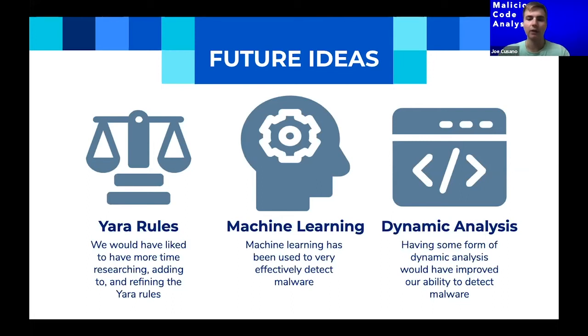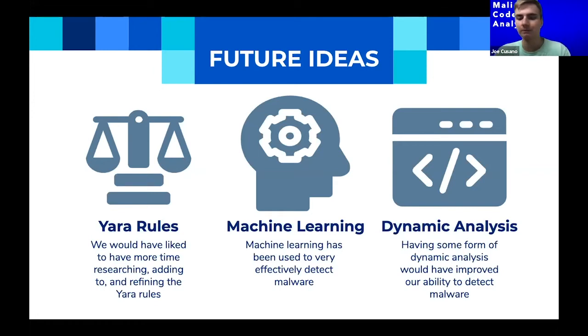Another thing that would be interesting to experiment with in the future is maybe some form of machine learning malware detection. This is something that's been on the rise lately and people have been experimenting with. Our current setup uses signature detection for our malware analysis, but machine learning would be a distinct and also sometimes more effective way of detecting malware.